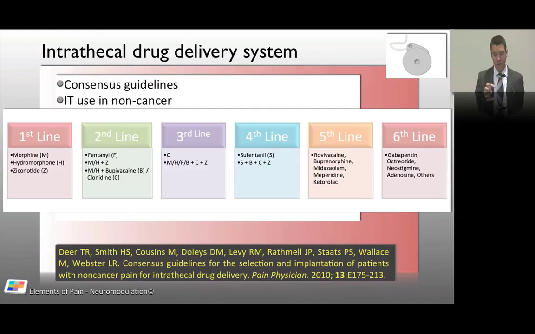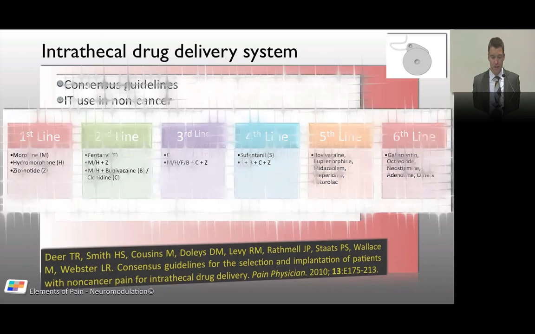So third line could be clonidine by itself, or opioid, either hydromorphone or fentanyl with bupivacaine plus clonidine plus zaconotide, and so on, all the way to sixth line, where they're putting things like gabapentin, octreotide, and neostigmine, and there are a bunch of other medications or agents that just have numbers as their pharmaceutical names. So intrathecal drug delivery systems, if you're talking about neuromodulation, don't forget to mention that.